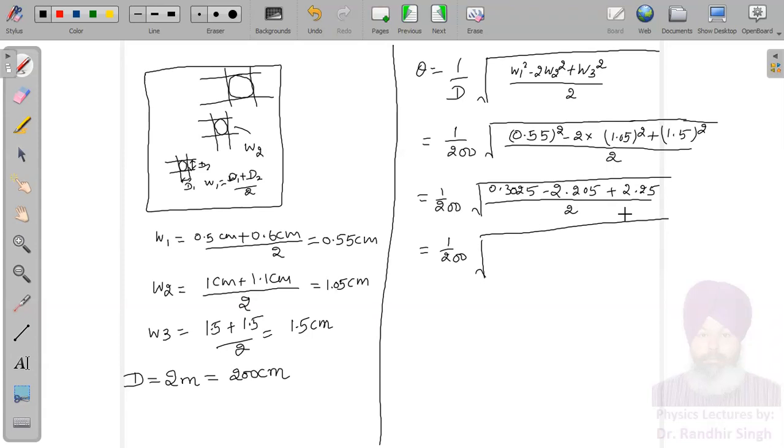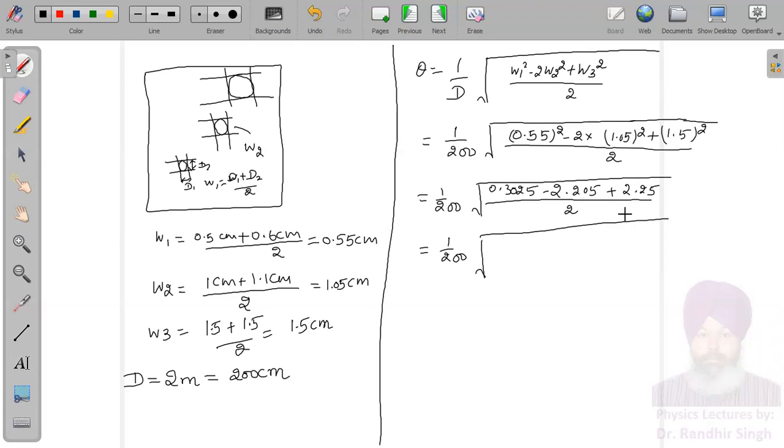This will become 2.25 plus 0.3025 minus 2.205.